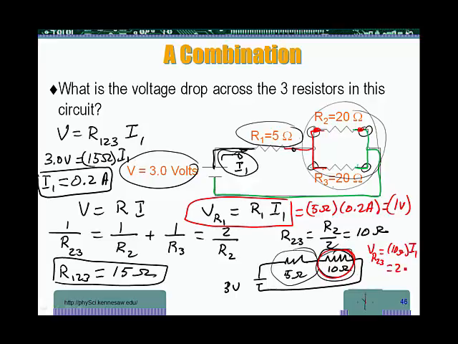So it is just 2 volts. The other way we could have found it, we know that we have 3 volts here. We dropped 1 volt here, so we are left with 2 volts at this side and 0 here. So the voltage drop across the 10 ohm resistor is 2 volts. And since they are in parallel, it's the same voltage across both of them.